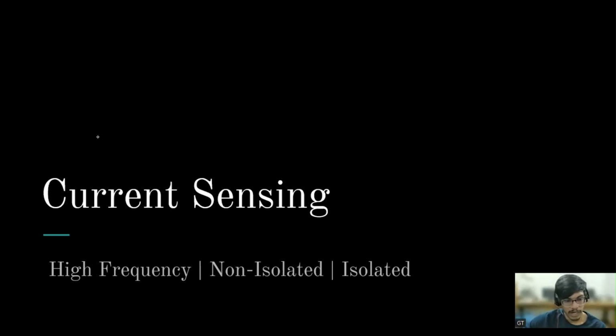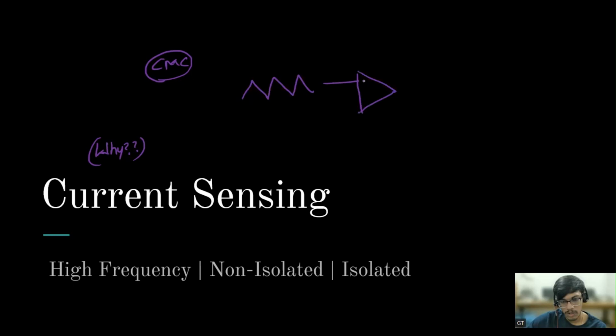Okay. So why do I need current sensing? Because in the case of current mode control, I need current information, right? So I have to compare my inductor current with some I reference, and this should be some equivalent voltage.